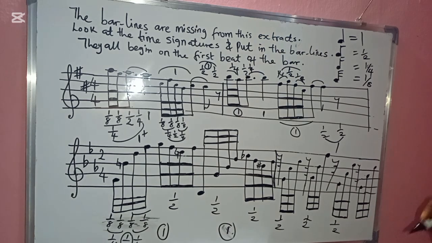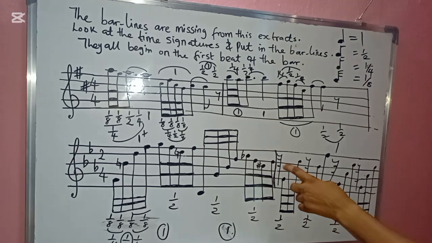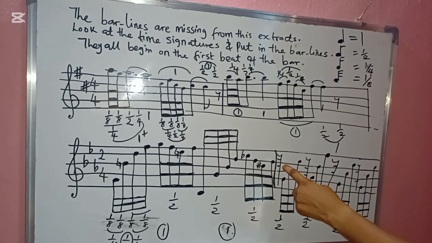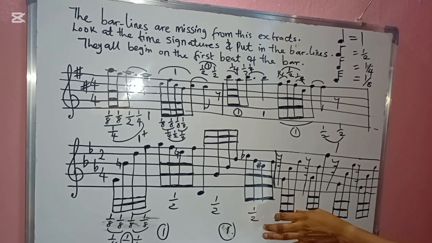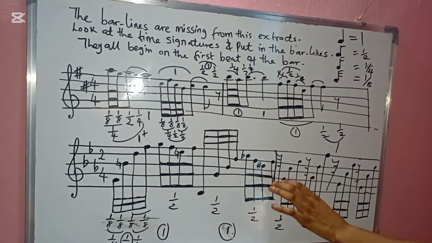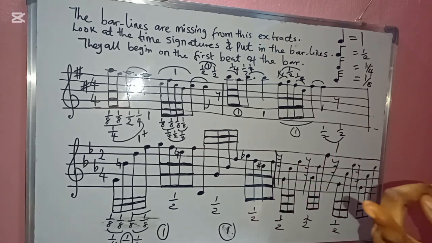All right, so we have a demisemiquaver rest plus 3 demisemiquaver notes, which is equivalent to half a crochet, which is a quaver. So that means 4 demisemiquavers is a quaver.